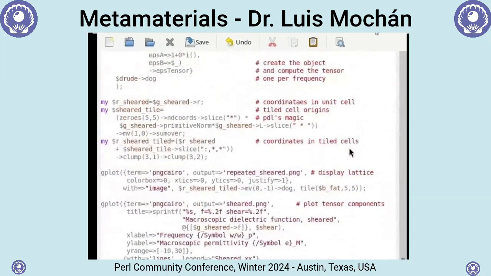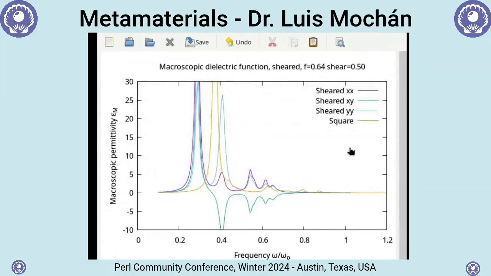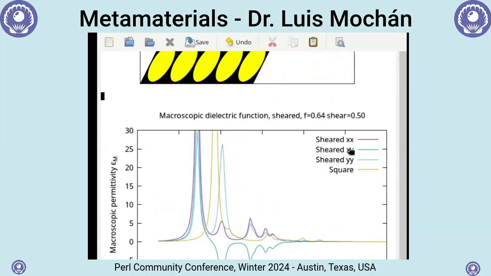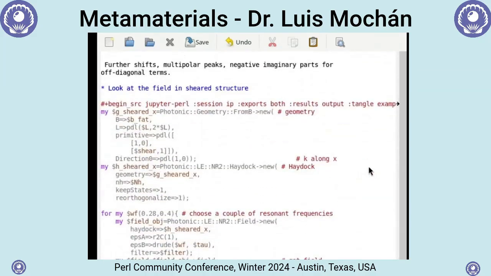Okay, there it is. So this is the system I'm calculating now. For this system, I have to calculate the full tensor. So that's why it took longer. I have to calculate the XX, the XY, and the YY components. I compare them with those of the square. And I can also get the fields, but I think I should wrap up now.